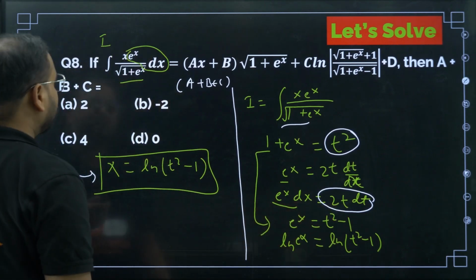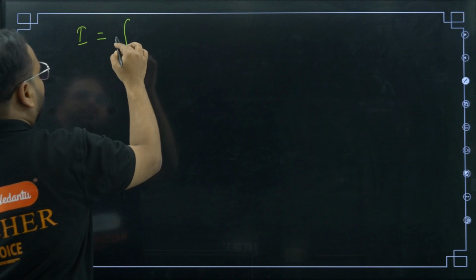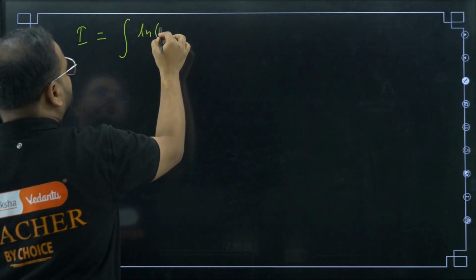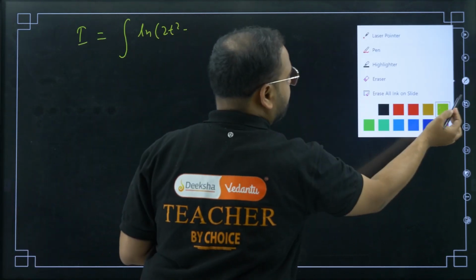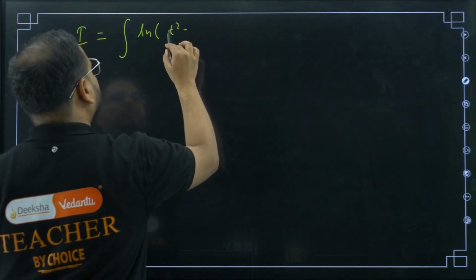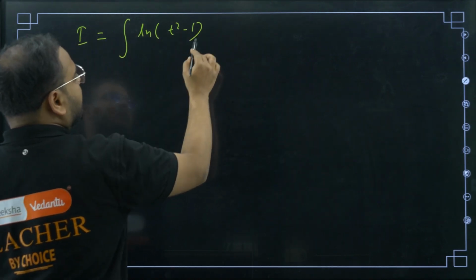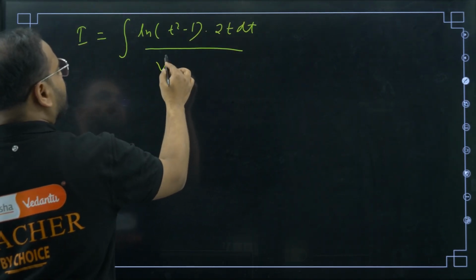So the integral will look like this. What is this? Ln of t square minus 1, yes, forgive me. So ln of t square minus 1, 2t dt upon root of t square.